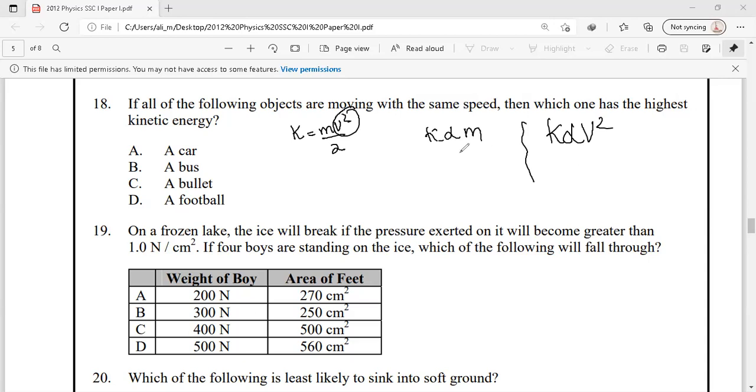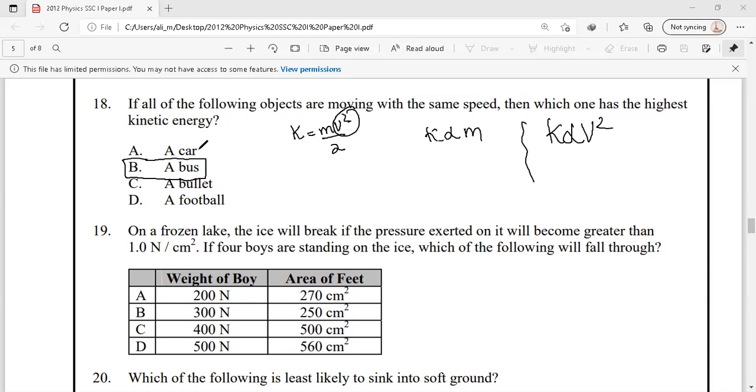Greater the mass, larger will be the kinetic energy of that body. Among these four options, the bus has the greatest mass. So a bus moving with the same speed will have the largest kinetic energy. Option B is the right answer.